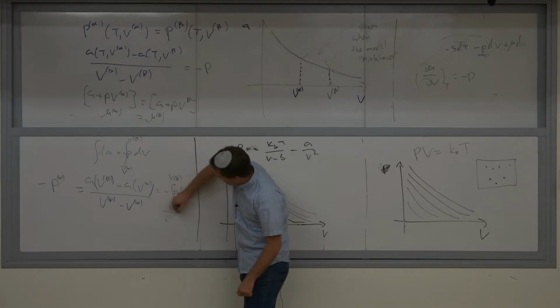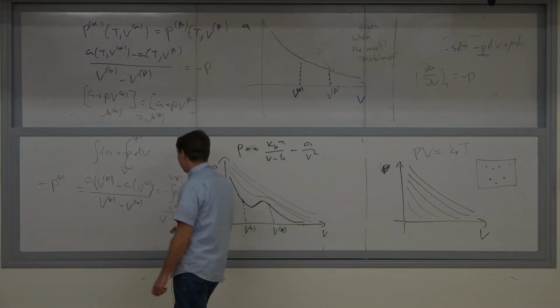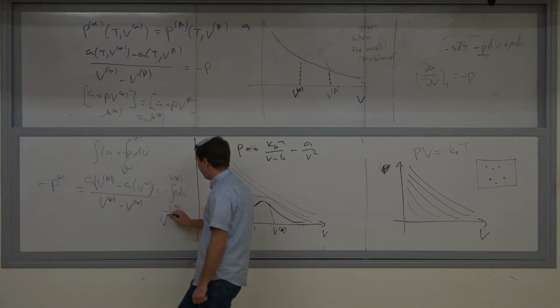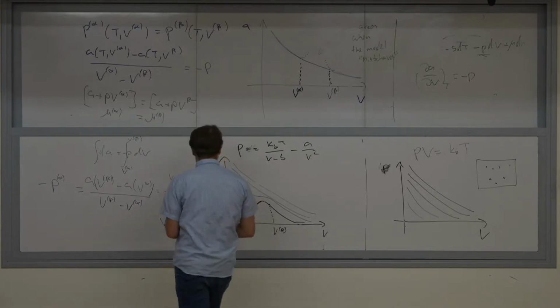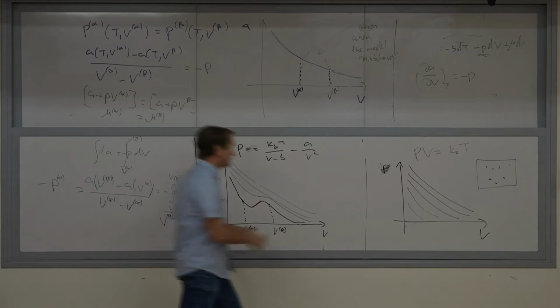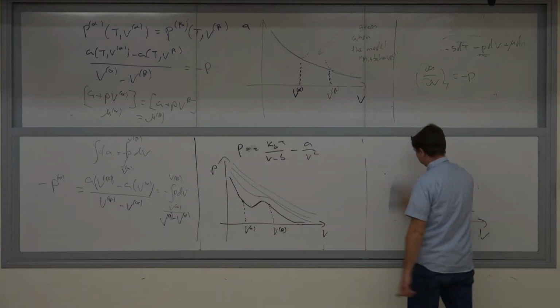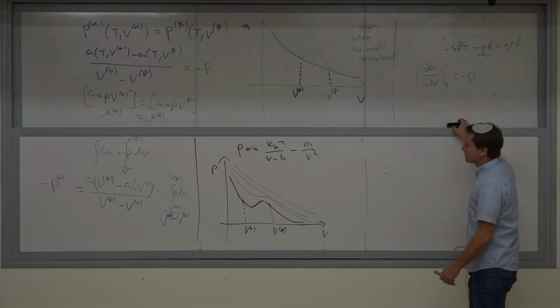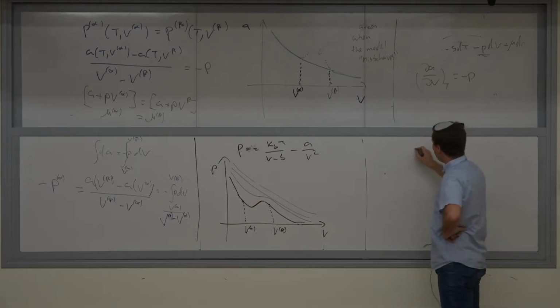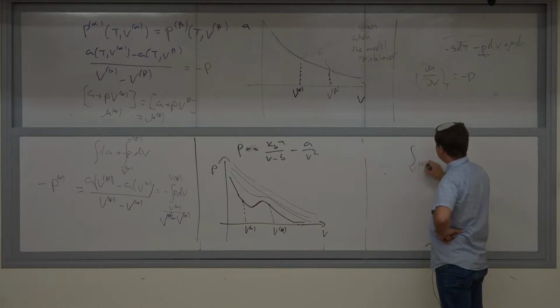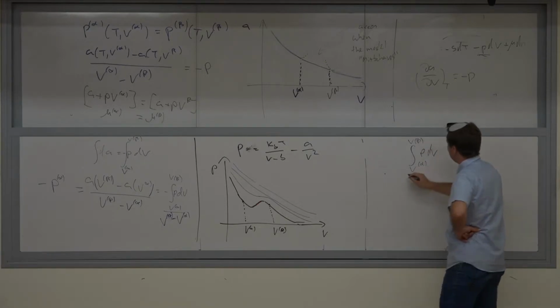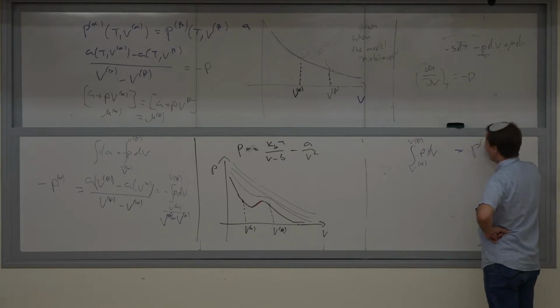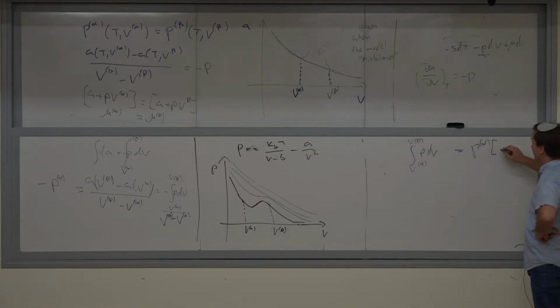So if we divide this integral by V beta minus V alpha, we obtain that the Maxwell construction states the following: the integral from V alpha to V beta of P dV equals P alpha multiplied by V beta minus V alpha.